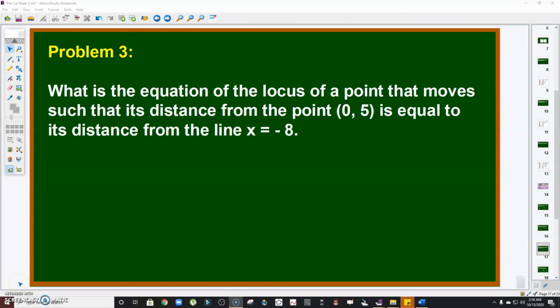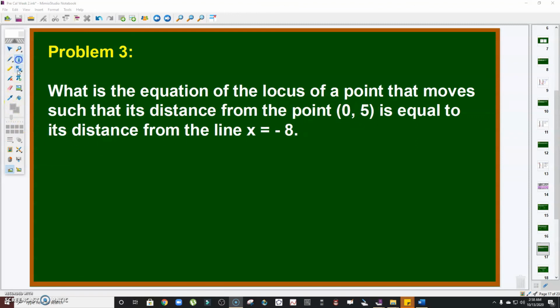Okay, problem number 3. What is the equation of the locus of a point that moves such that its distance from the point (0, 5) is equal to its distance from the line x equals negative 8? Well, actually, this is the definition of the parabola. Remember, parabola, we define it as the locus of a point that moves such that its distance from a fixed point and fixed line are equal.